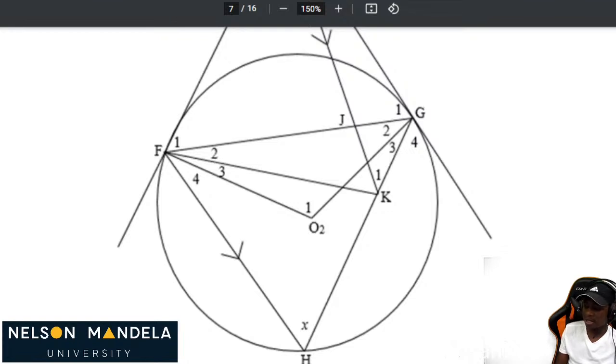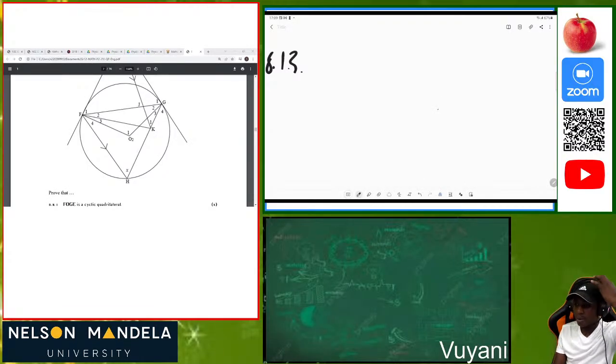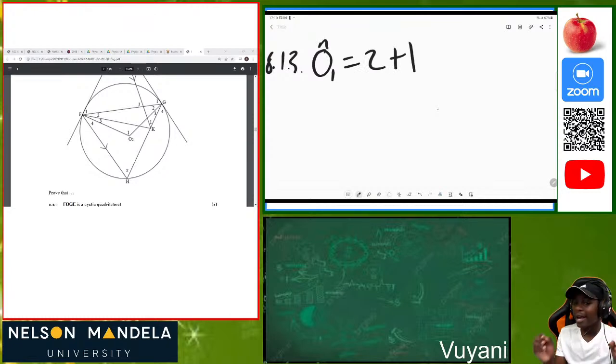So how can we see that? We can just write now on 8.1.3. We know that we are proving that this is equal to 180 minus 2x. So we can see that angle O1 is equal to 2h. Why? Angle at the center is equal to twice the angle at the circumference. Theorem number 3.